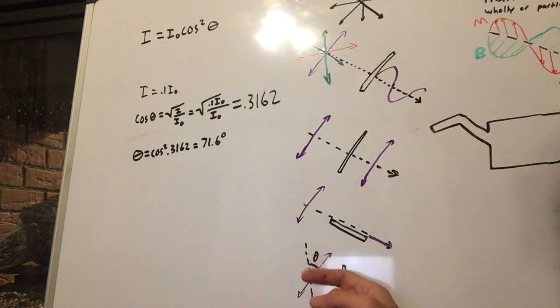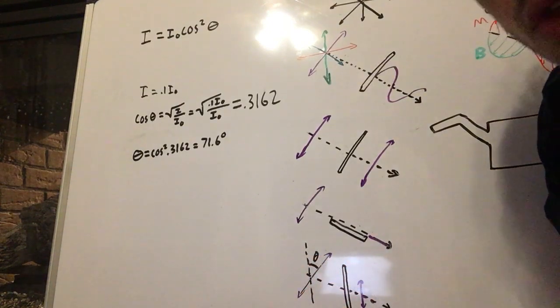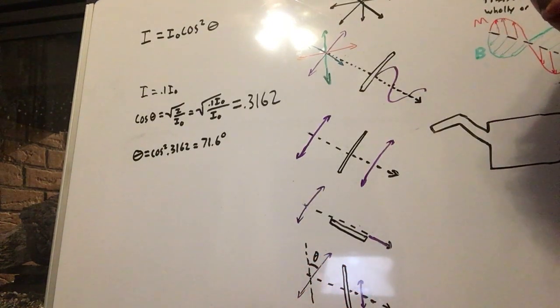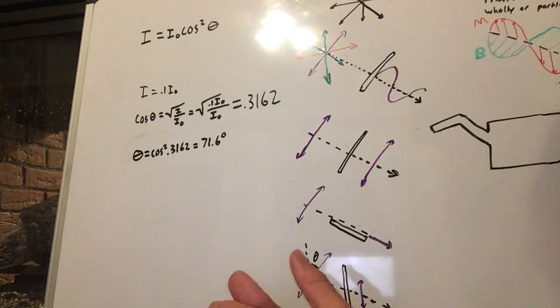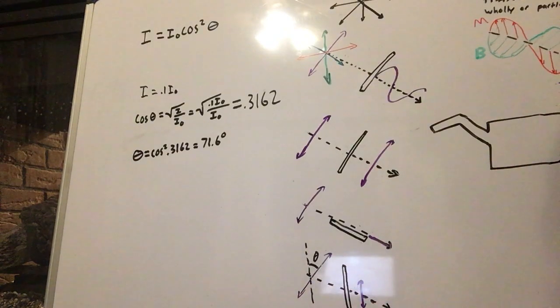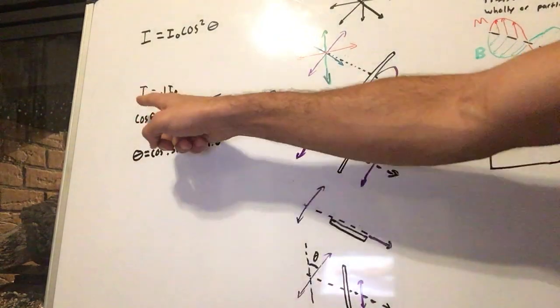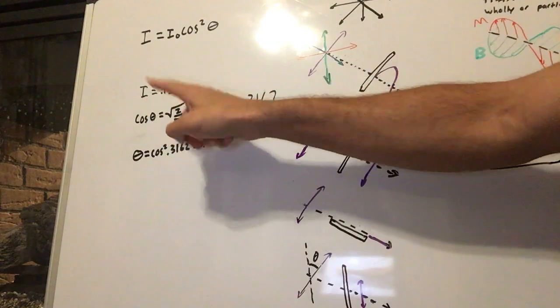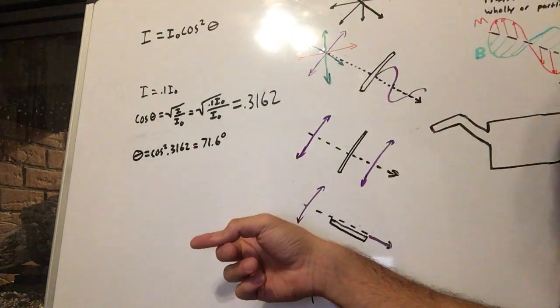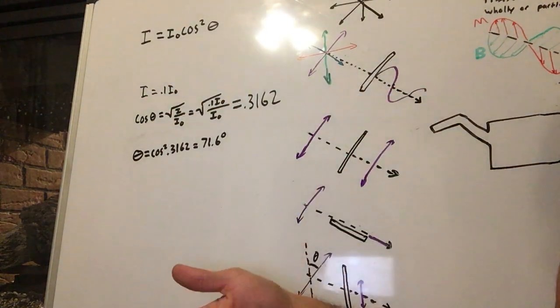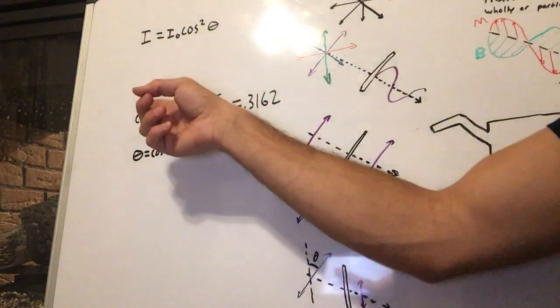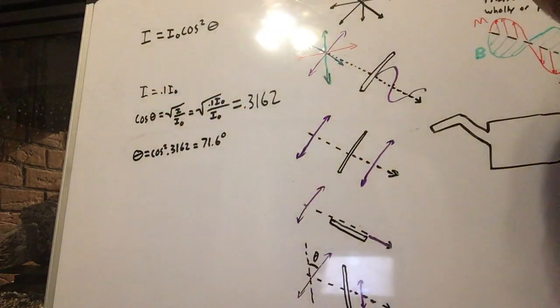Now let's say, for example, we wanted to reduce the intensity of a certain light by 90%. That would mean the resultant light would only be 10% as strong as the first light, which means I = 0.1 I₀.